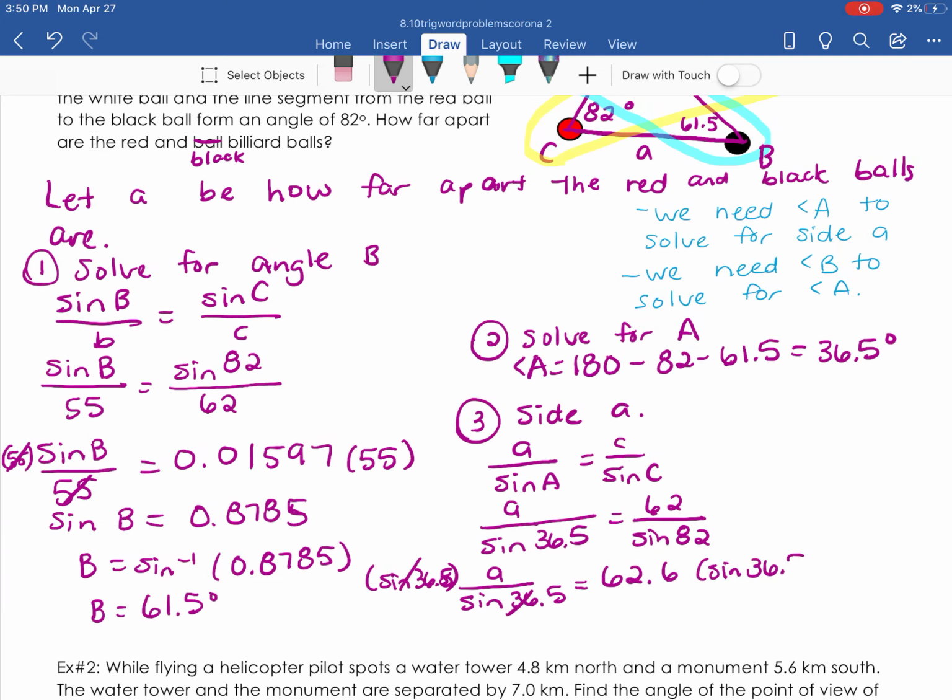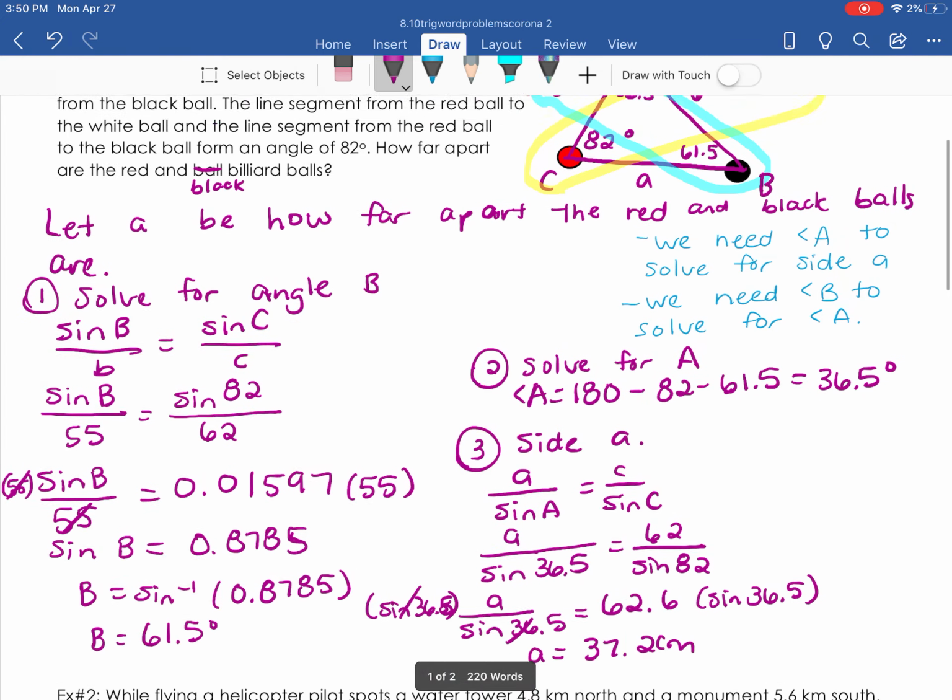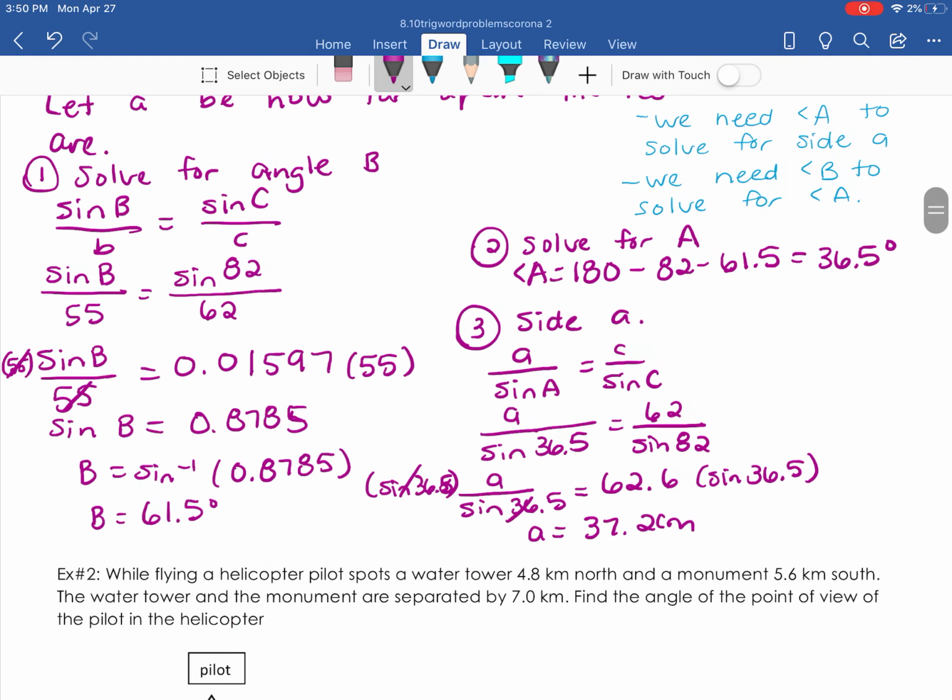Multiply on the other side, and you get 37.2. Okay, so then, centimeters, which makes sense, because the other sides are 55 and 62, so close-ish. So now when you're done, make sure that you use an answer statement.